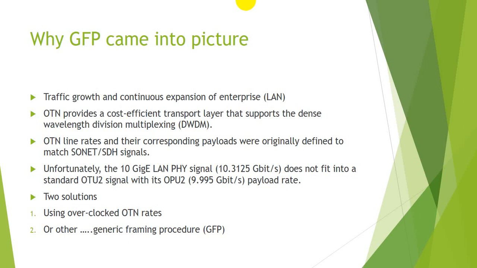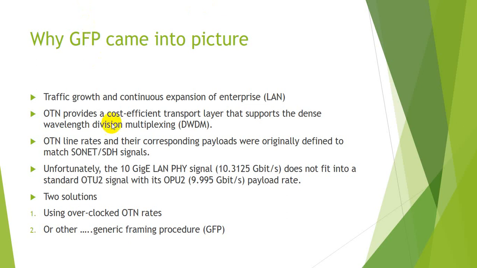So with this kind of requirement, there was a problem: LAN technology, which works on Ethernet, mostly has slightly different data rates than the corresponding data rates of the transport technology, which is OTN.